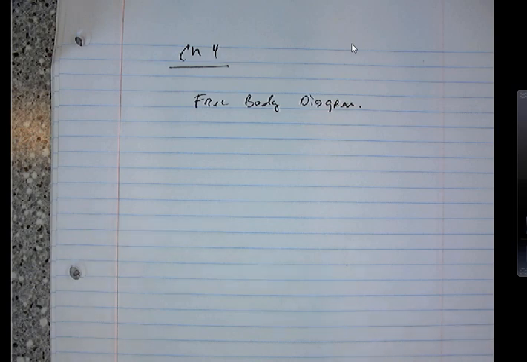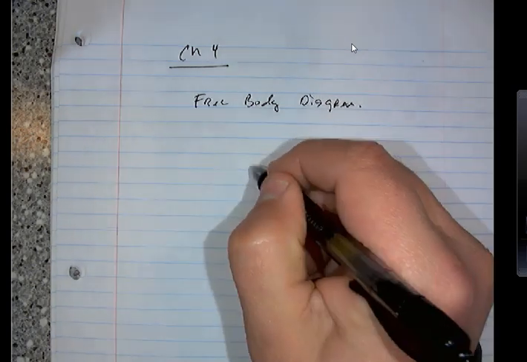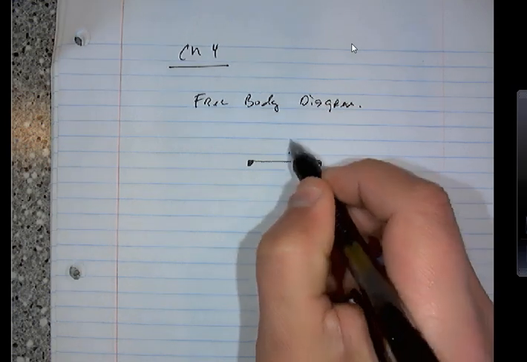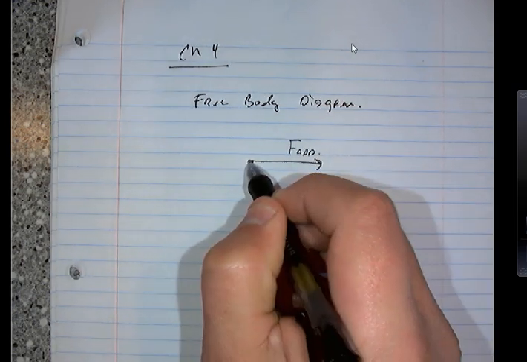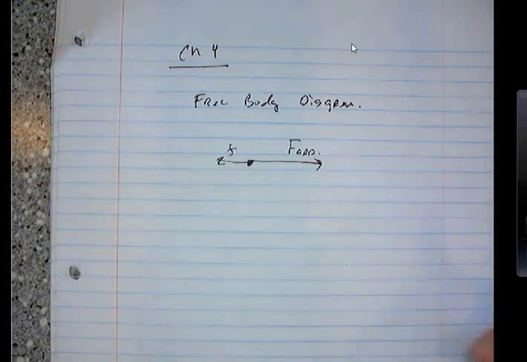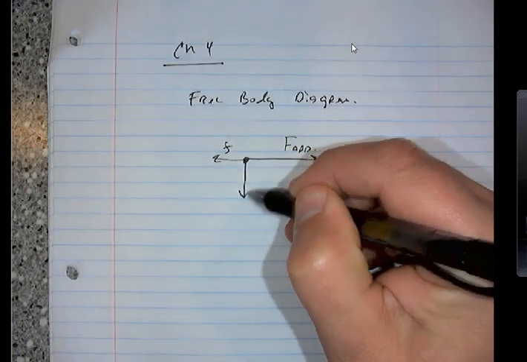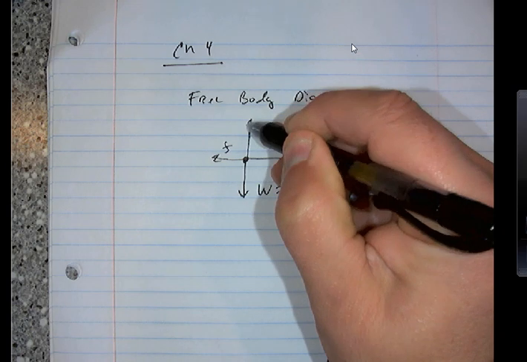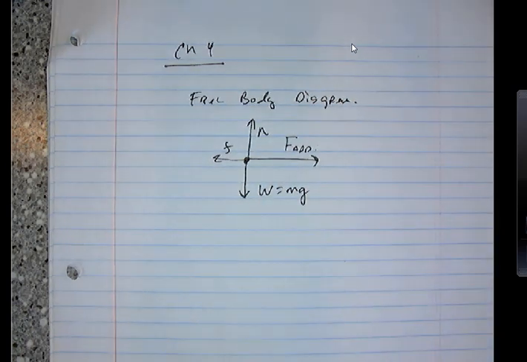You just put the forces acting on an object, and usually you represent the object with just a dot. So for example, if I'm pushing a box across the floor, this could be the applied force. Maybe there's friction back the other way. Here's the weight, and we saw that that's equal to mg, and then the normal force. So there's a free body diagram.